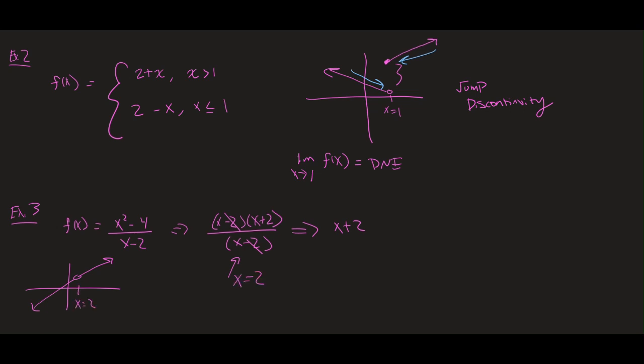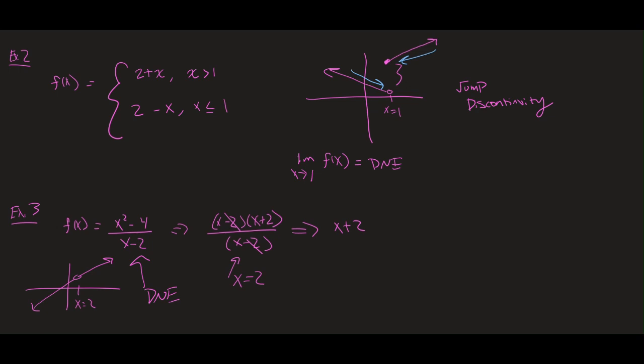And we can use one of our principles to prove that this function is discontinuous at x equals 2, because if you plug in the value x equals 2, you realize that the function at x equals 2 does not exist. So I'll write that out real fast.